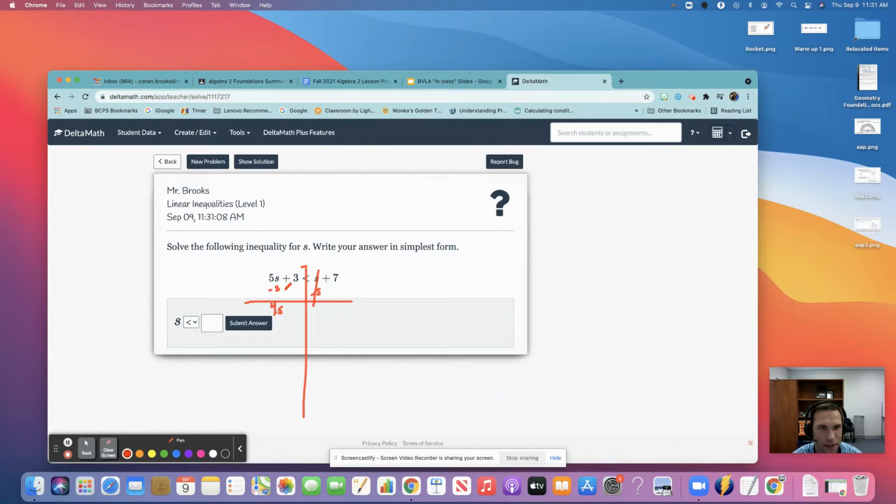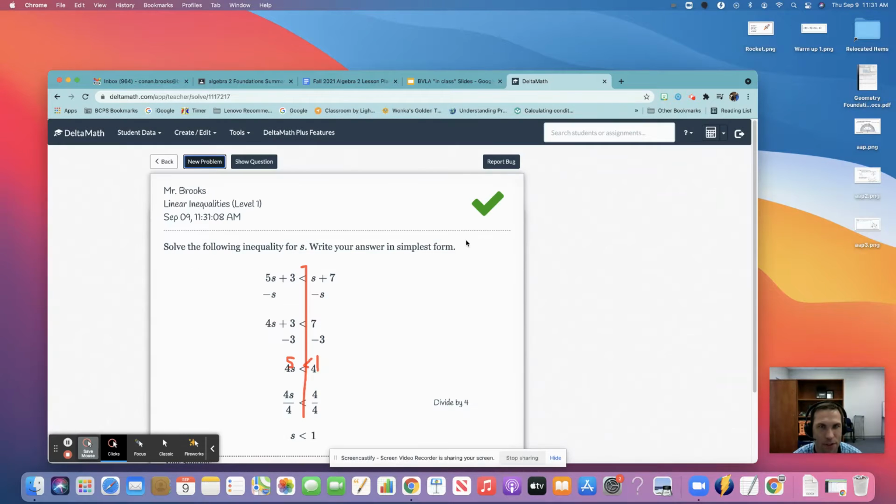Then I'm going to take the 3 over to the right. So negative 7 plus 3 is negative 4, and then divide by 4, divide by 4. So in this case, s is less than 1. In that case, I didn't have to change it.